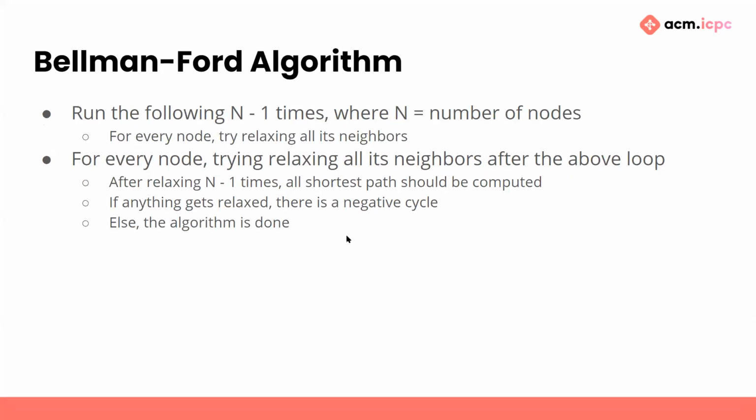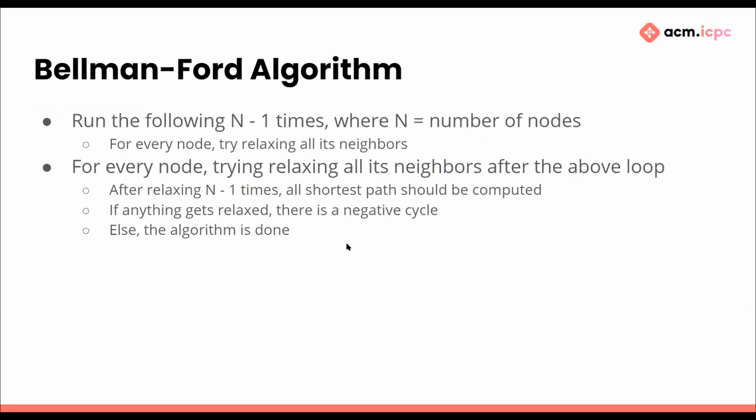So the idea for Bellman-Ford is that we want to run the algorithm n times, very similar to the naive Dijkstra's. And every time we run the algorithm, for every node, we try to relax all its neighbors. So it's not just relaxing the neighbors of a visited node; for every single node we try to relax all its neighbors.